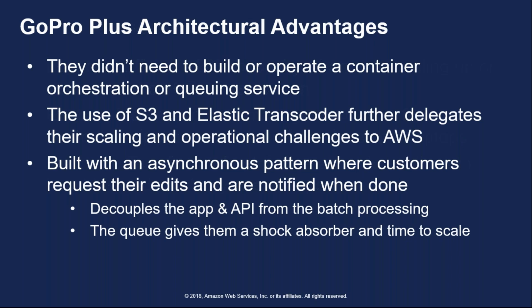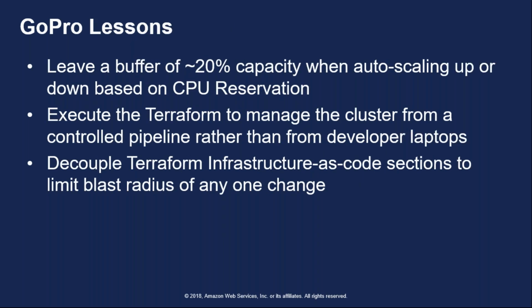Some of the lessons GoPro learned was to leave a buffer of around 20% capacity when auto scaling up or down based on the CPU reservation. This is extremely important because containers can come up pretty fast. So you might have a situation where your service is getting auto scaled at a rate which is much higher than your container instance, that is your EC2 auto scaling rate.